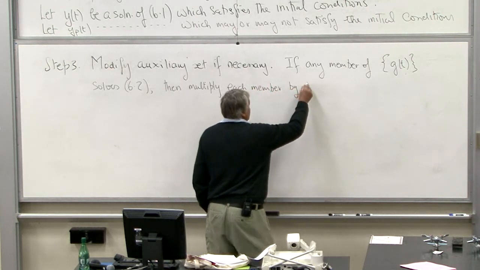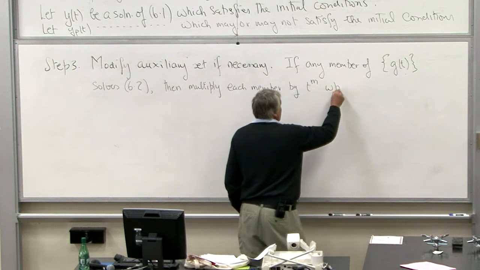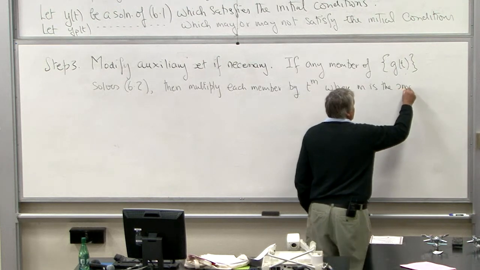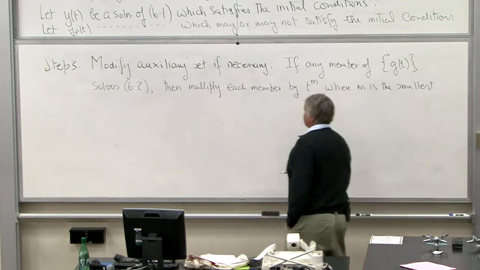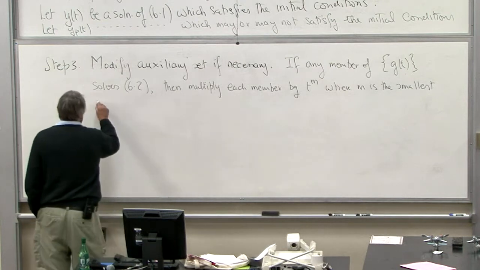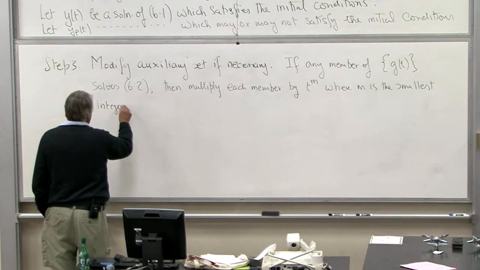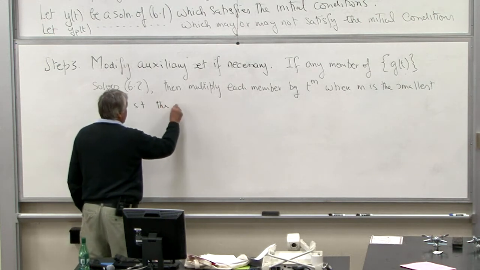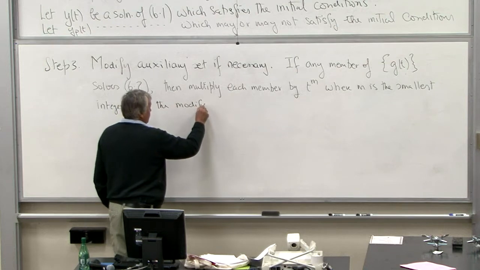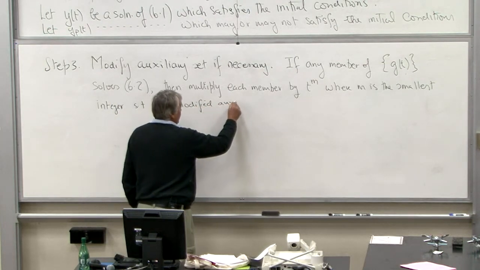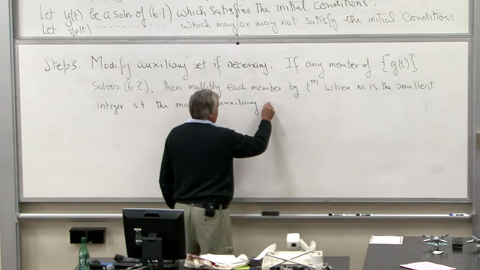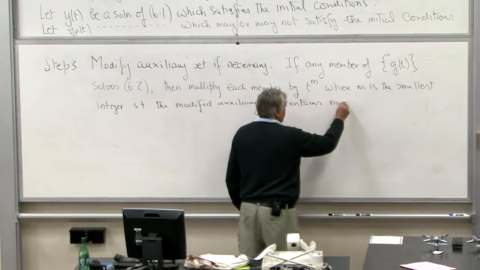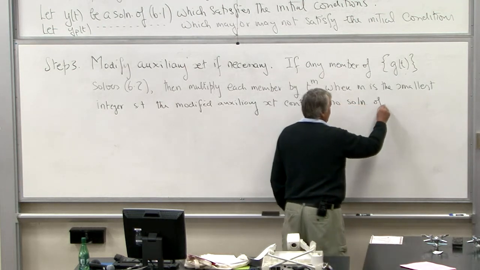by t to the m, where m is the smallest integer such that the modified auxiliary set contains no solution of 6-2.